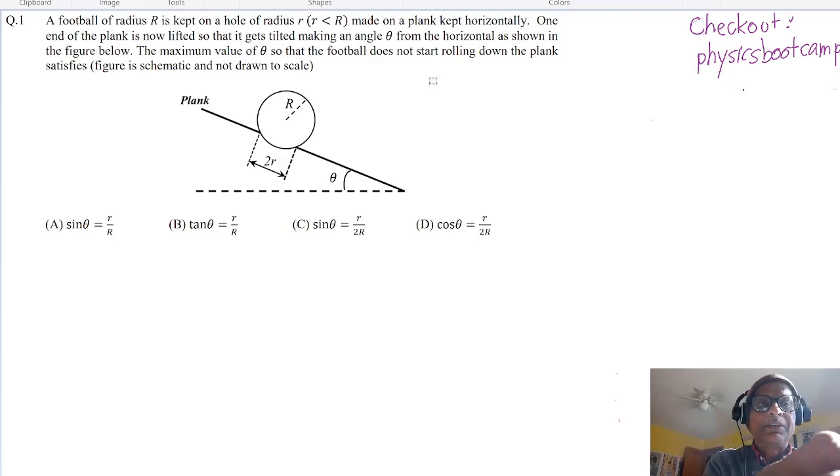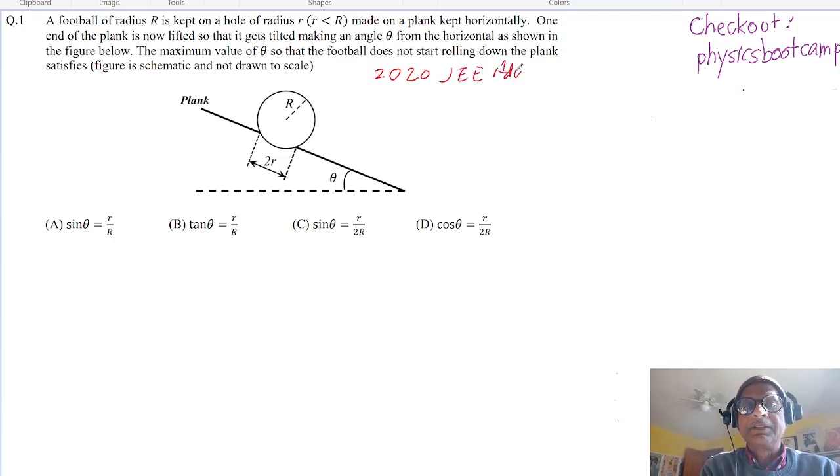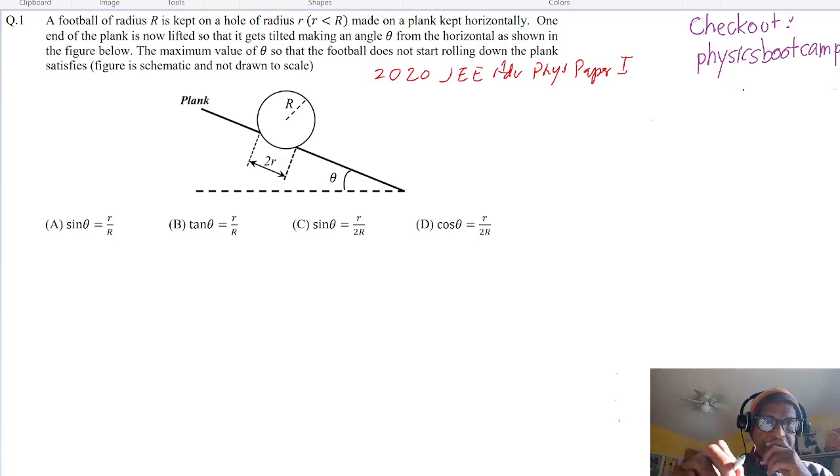So this is 2020 JEE Advanced Physics paper 1, and we have done 2024 earlier on this channel. Now let's go back and try to do 2020 onward. Okay, let's see. This is a good problem actually.